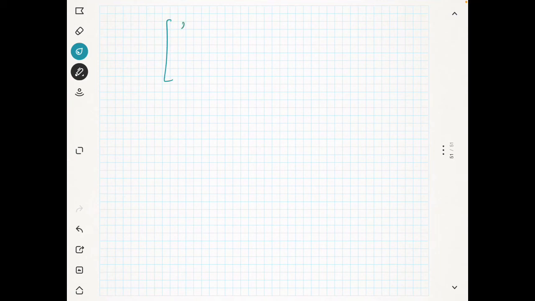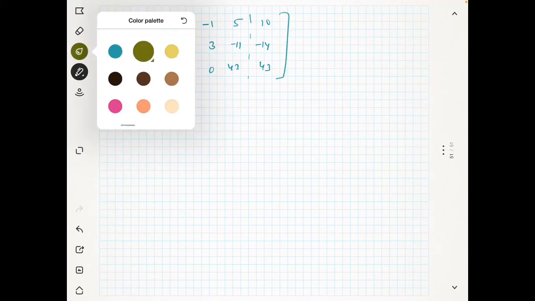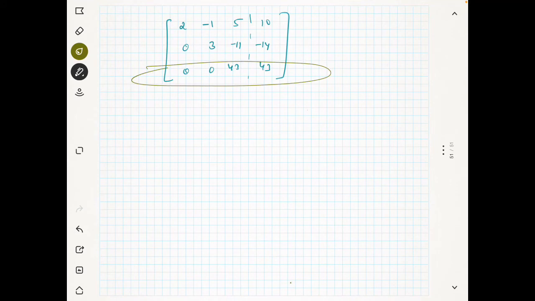So this is 2, minus 1, 5, 10, 0, 3, minus 11, minus 14, next 0, 0, 43, 43, okay, right? Now I will take this last equation to solve, because we got the final point.